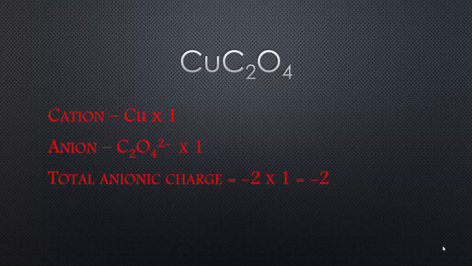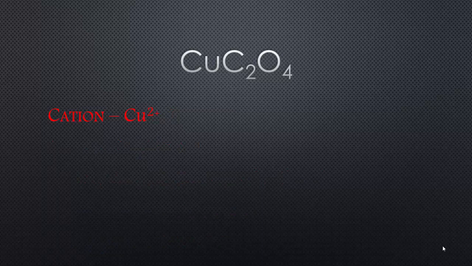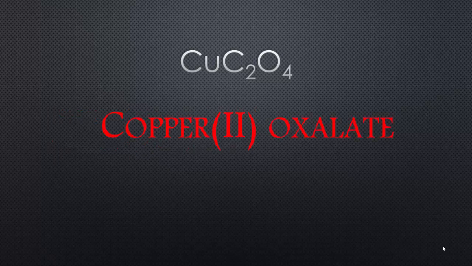The total anionic charge, therefore, is -2 times 1, which is -2. Change the sign to get the cationic charge. Now it's +2. Take that 2, divide it by the 1 cation. So it's got an ionic charge of +2. So now we know our cation is Cu2+, which we would write as copper 2. The anion is oxalate, so this chemical is copper 2 oxalate.